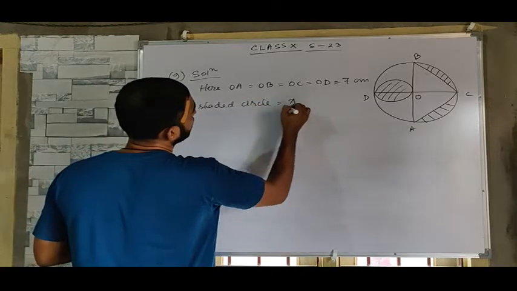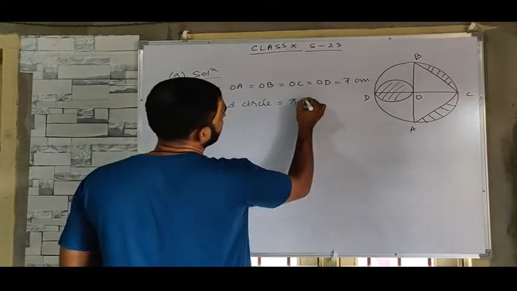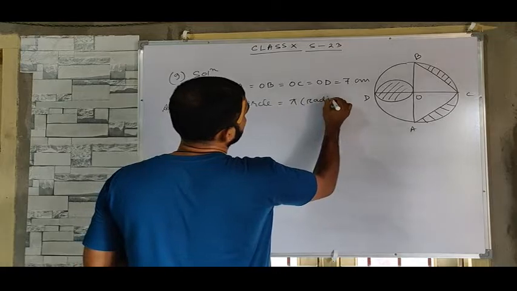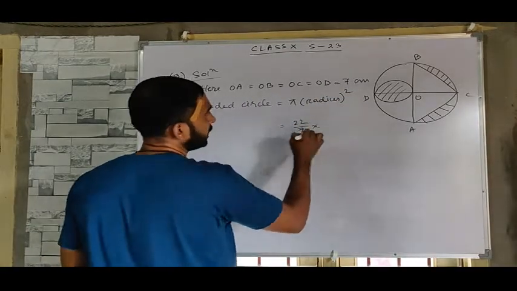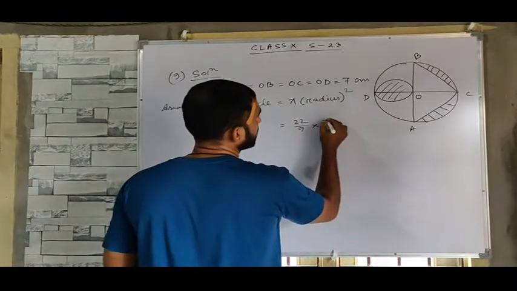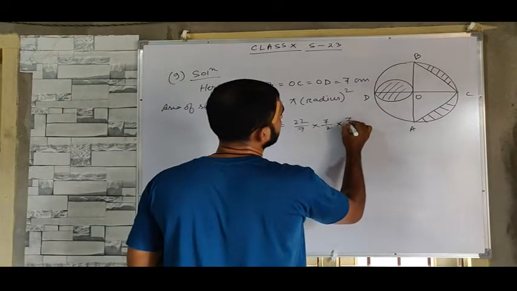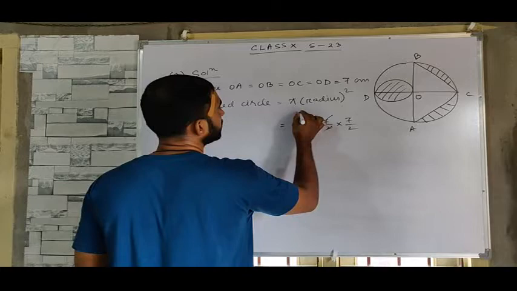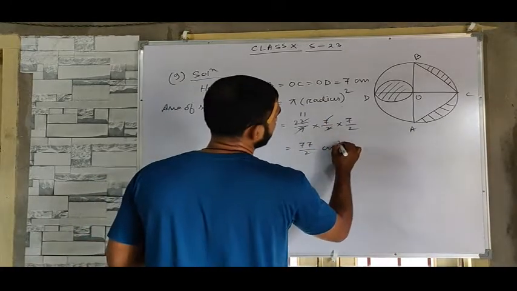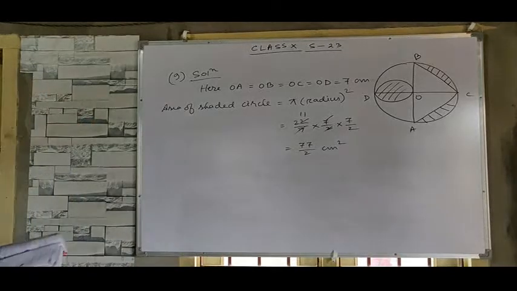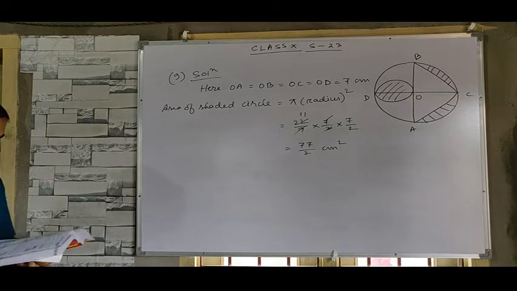It is pi r square. Pi is 22 by 7 and the diameter is 7, so radius is half, 7 by 2. Cancel 11, so the answer is 77 by 2 square centimeter.